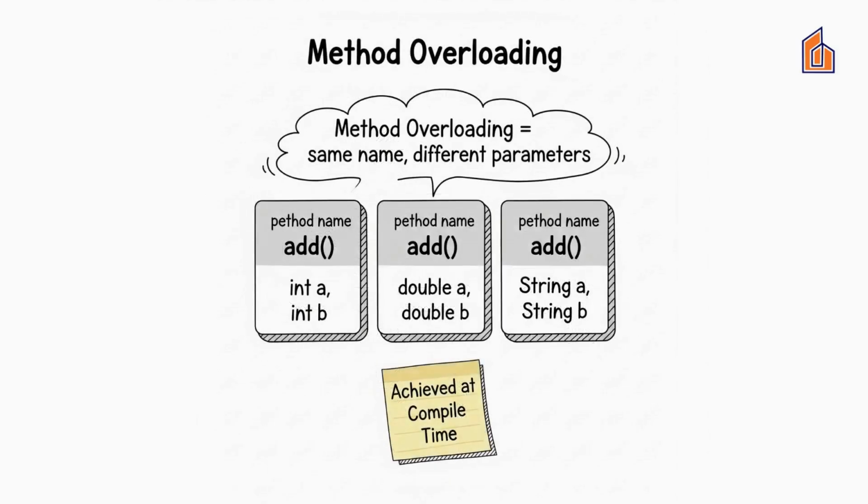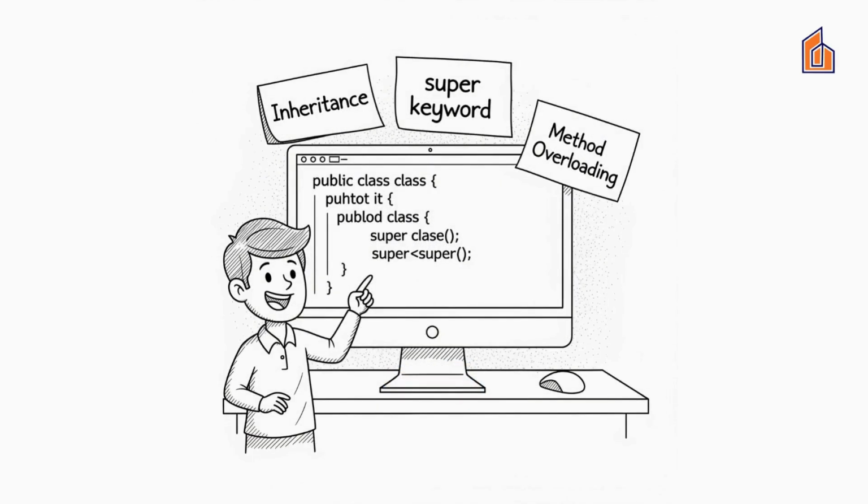Then comes method overloading. It has the same method name but different parameters, meaning the number or type, and it is achieved at compile time. Now let's see the code for each of them.